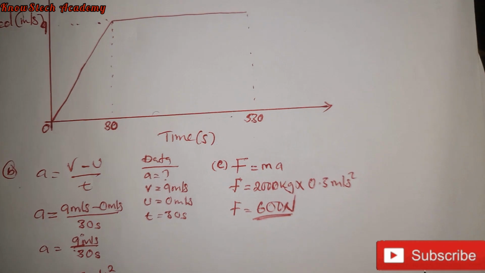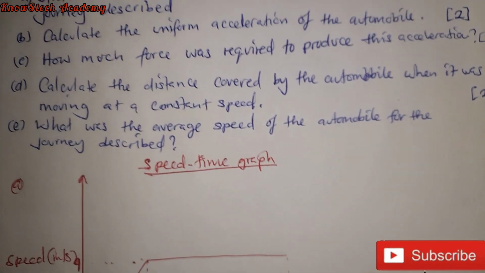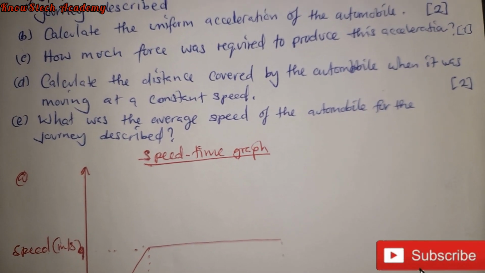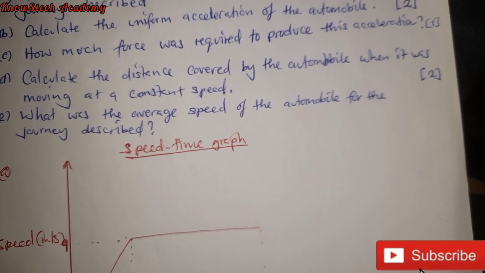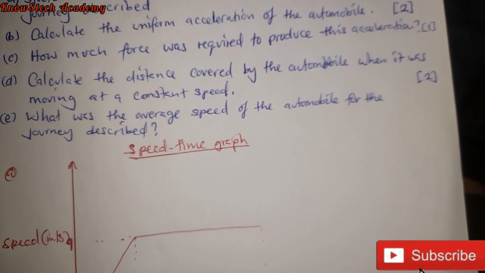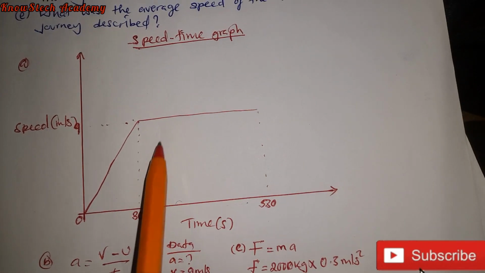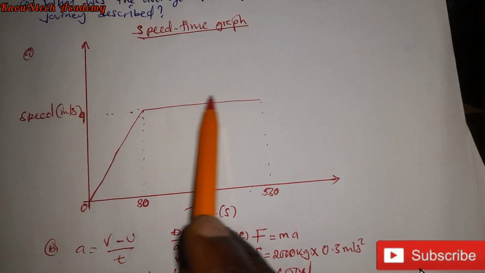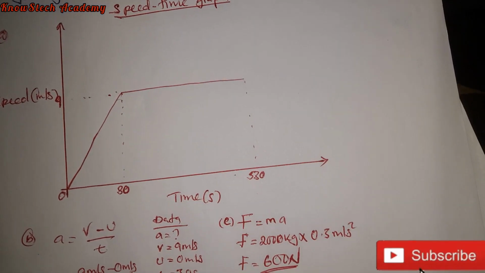All right, question D. Calculate the distance covered by the automobile when it was moving at a constant speed. When it was moving at constant speed, it formed this shape, which is a rectangle from here up to here.